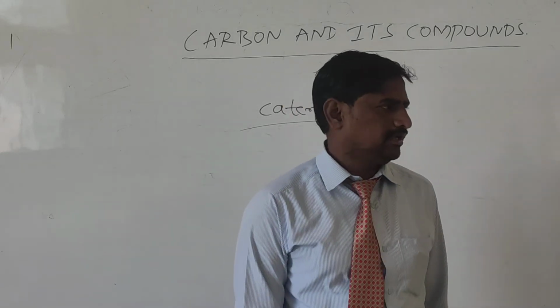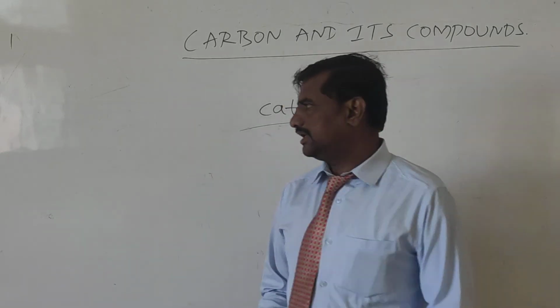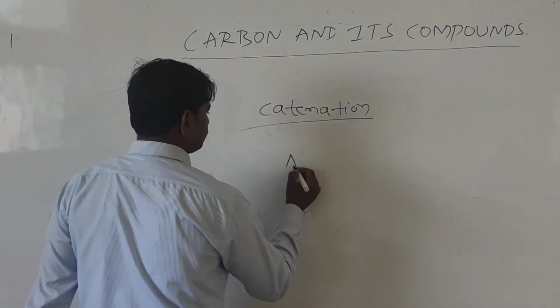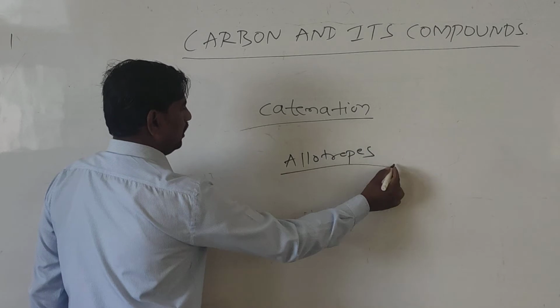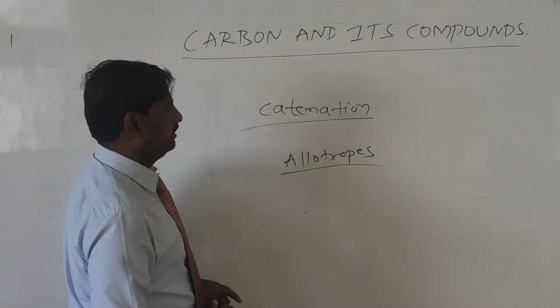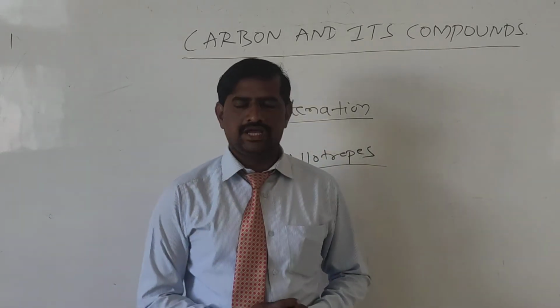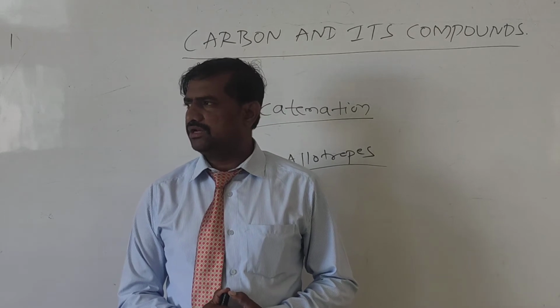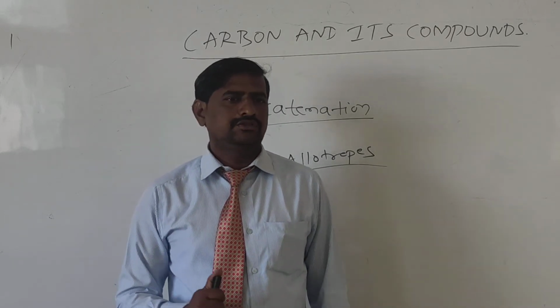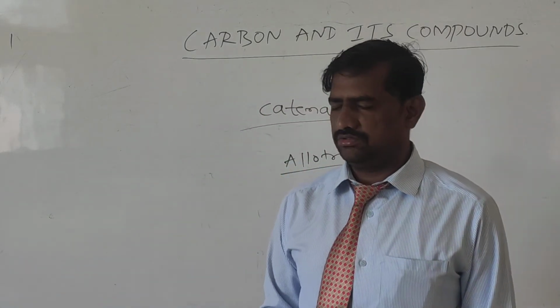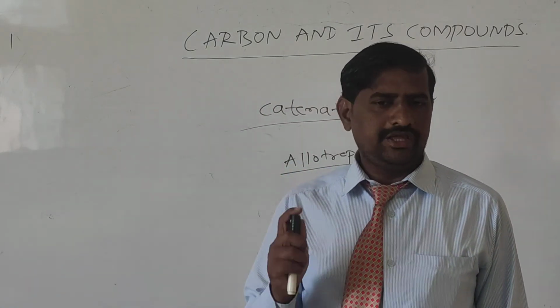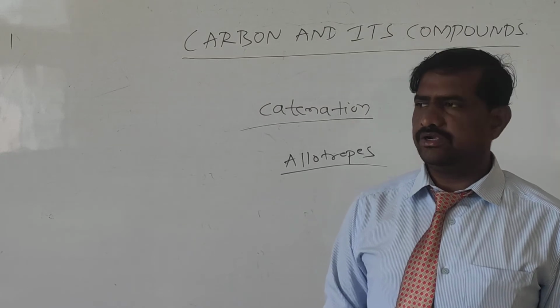The next one is the allotropes of carbon. What do you mean by allotropes? Allotropes are substances having the same chemical properties and different physical properties.